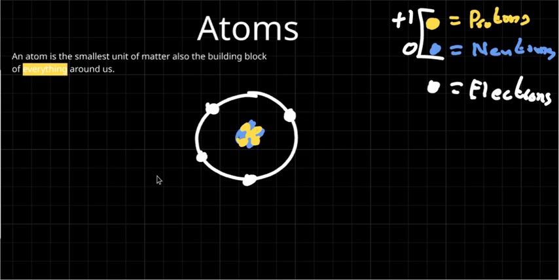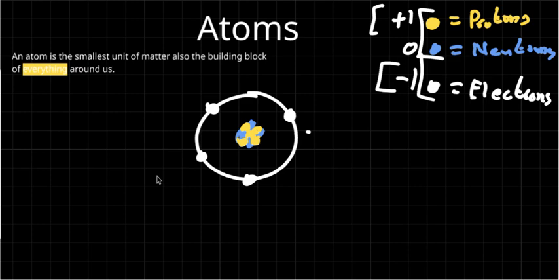These electrons have a negative charge. Usually atoms want to be stable, so they'll have the same number of protons and electrons. Of course, there are circumstances in which atoms do not have the same number of protons and electrons, and they're unstable, so they're not safe, and they'll try to find other atoms to pair with, to form a bond.